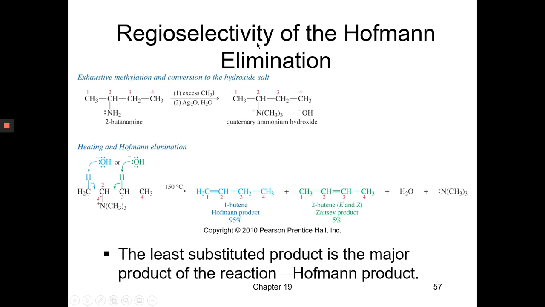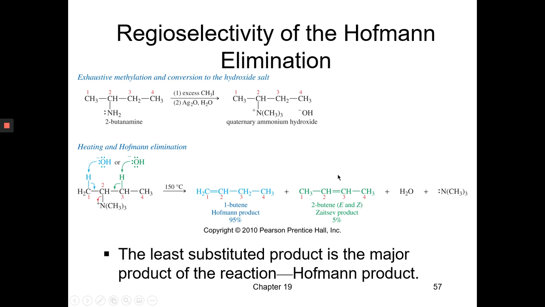The Hoffman elimination is regioselective. Okay, in 2-butanamine, we actually have two sets of beta hydrogens, those on carbon 1 and those on carbon number 3. So there's two possible alkenes that can be formed.